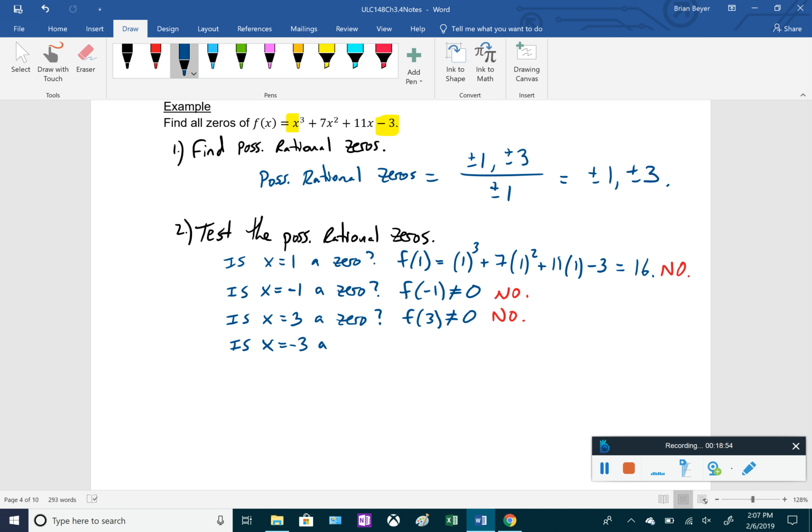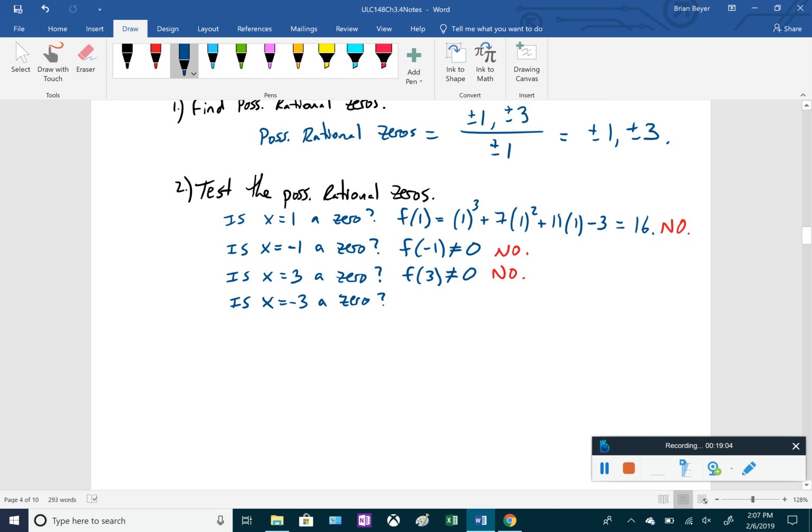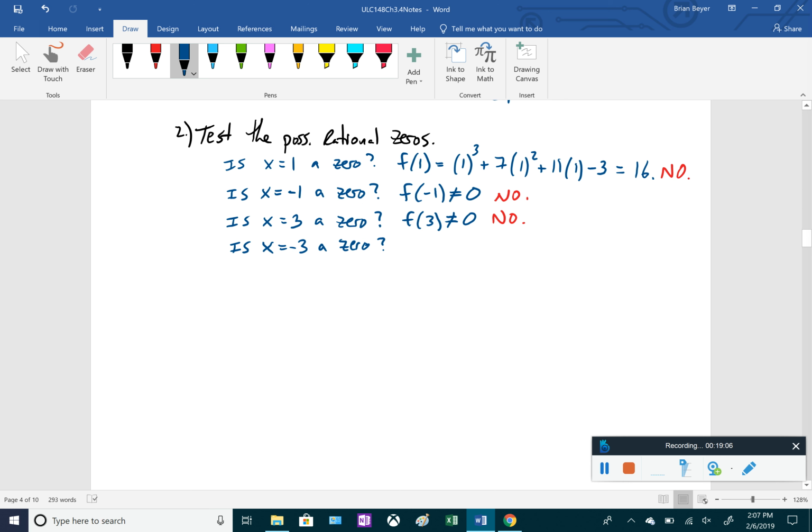So this one will have at least one, but it does not have to be rational. So technically, it's possible that none of them will work, but obviously one of them will work or else we wouldn't be doing the question. So testing x equals -3, this one gives us 0.